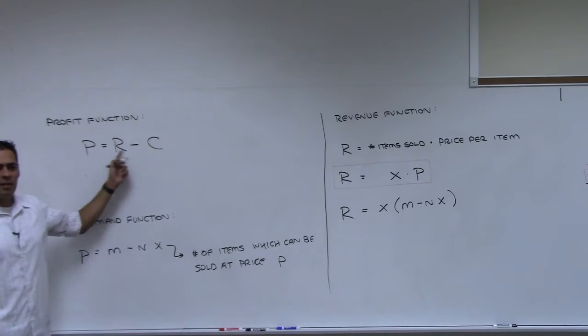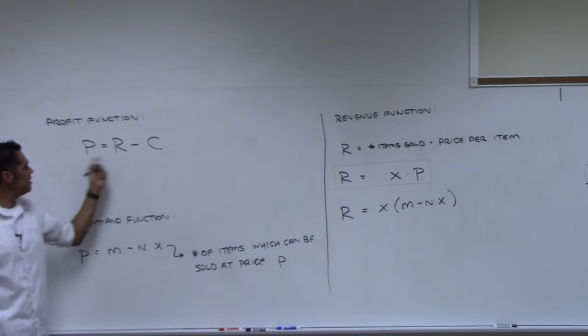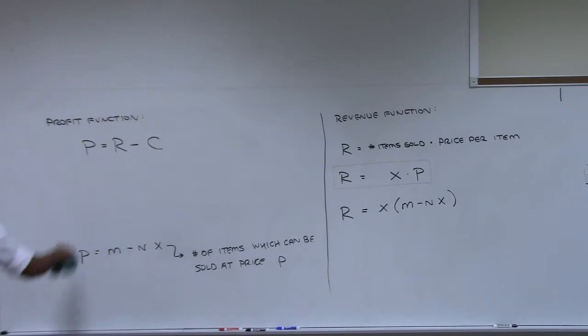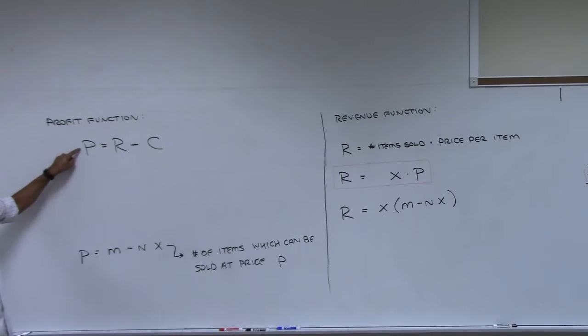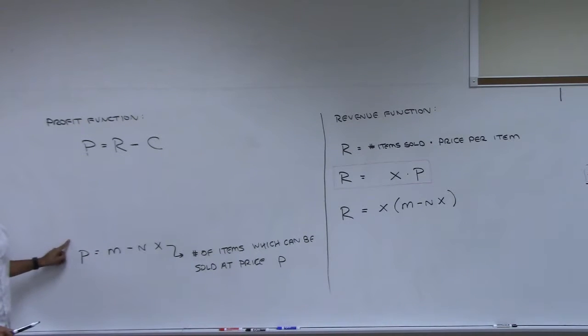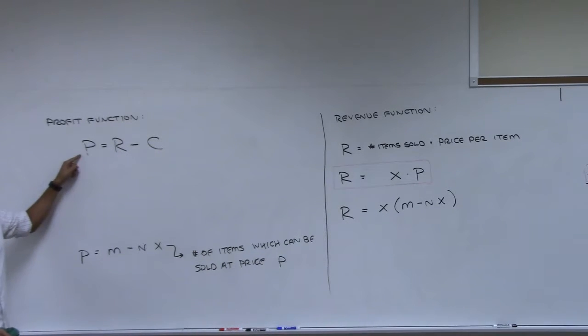Money coming in, take away the cost of running our business, that's our profit. So in terms of what we have on the board, please don't confuse the capital P with the lowercase p. I know these may look like the same P, but these aren't the same. And in the book, it's easier to see that it's lowercase versus capital, all right?